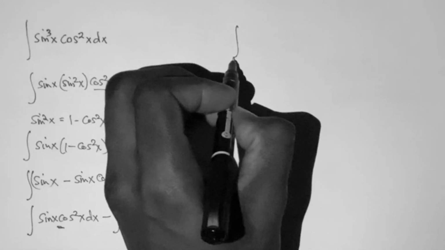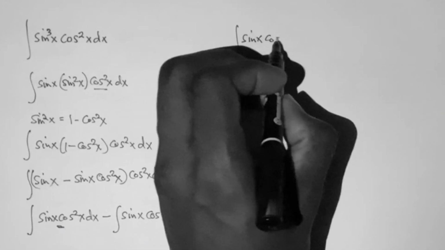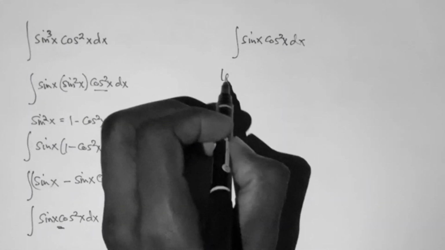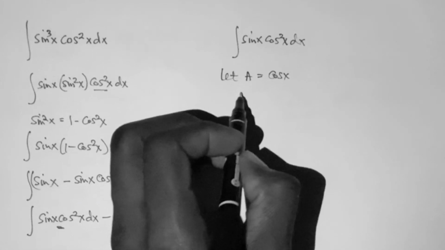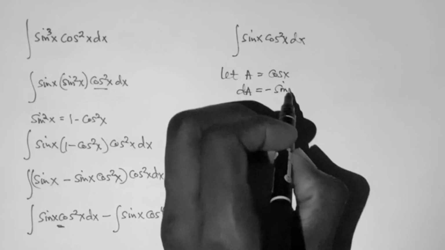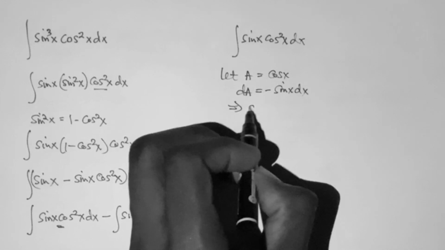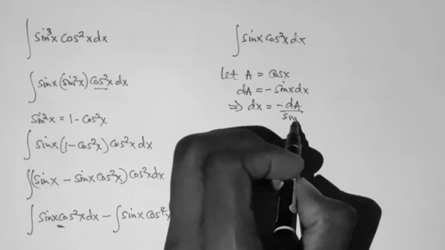So what is the integral of sine x cos squared x dx? So let's let a be equal to cos x. So dA is equal to minus sine x dx. So this implies that dx is equal to minus dA over sine x.